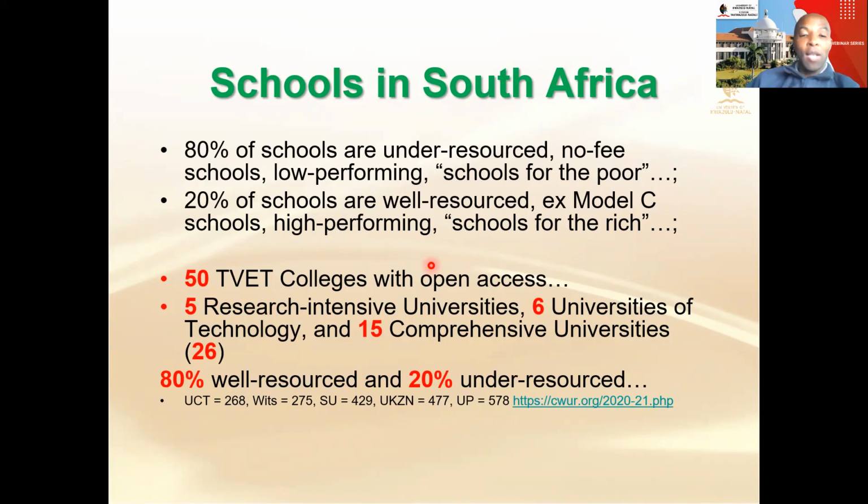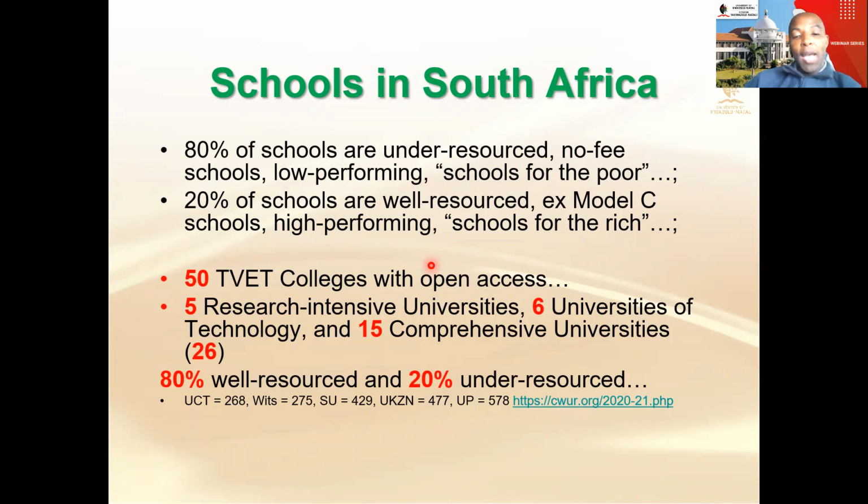Then we have about 20% of our schools that are identified as well-resourced schools, those were ex-Model C schools. These approximately 20% represent South Africa as a developed country, while the 80% represent South Africa as a developing country.